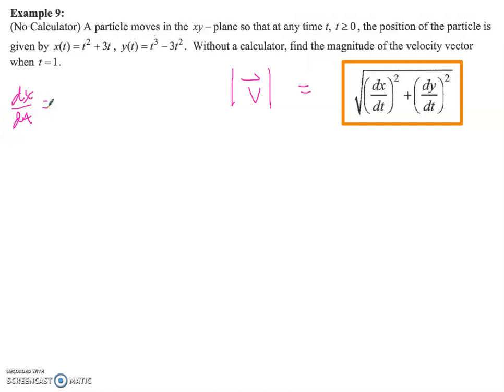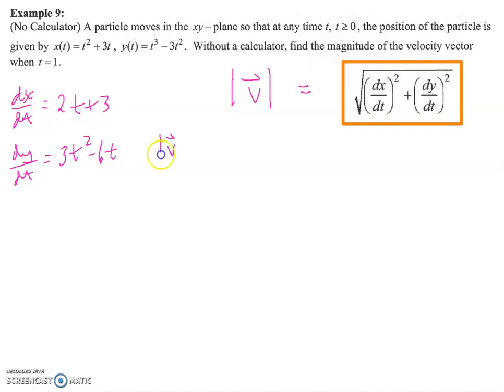So dx dt is equal to, and whether you're calling it dx dt or x prime of t does not matter, we've got 2t plus 3, and then dy dt is equal to 3t squared minus 6t. So now we're just going to plug that into our formula.